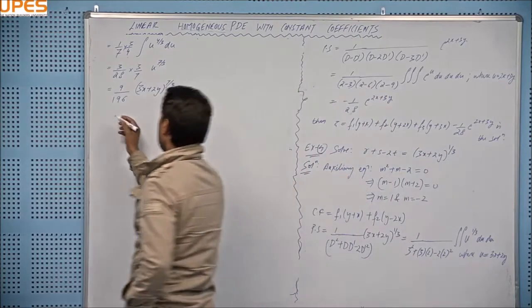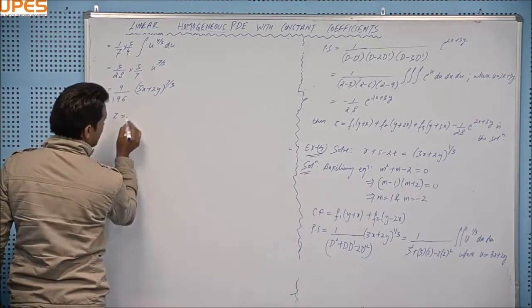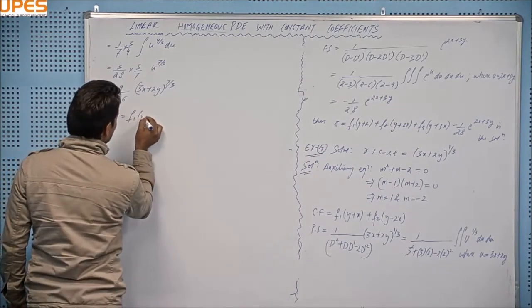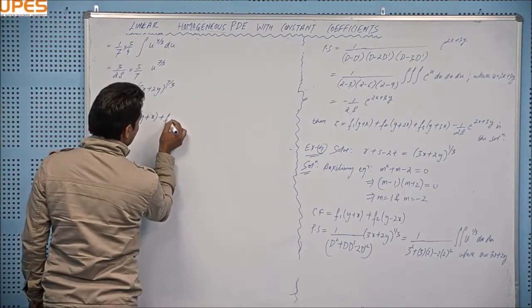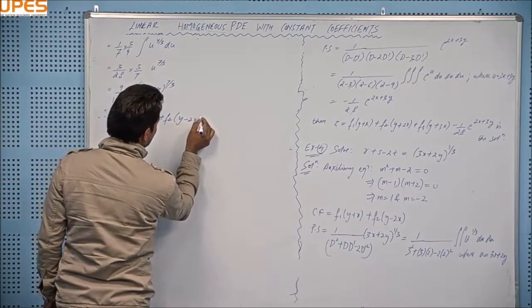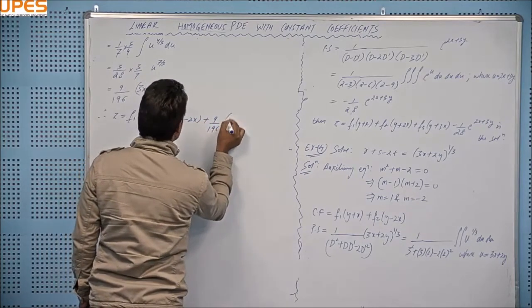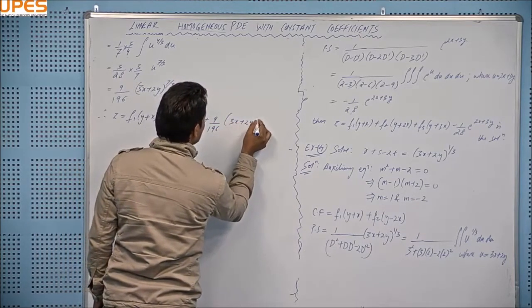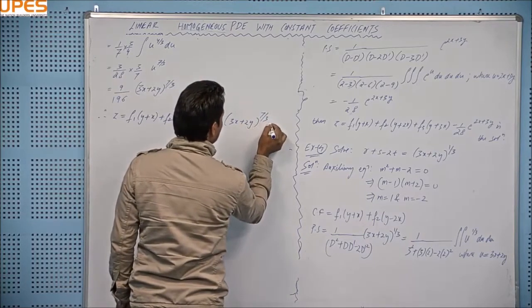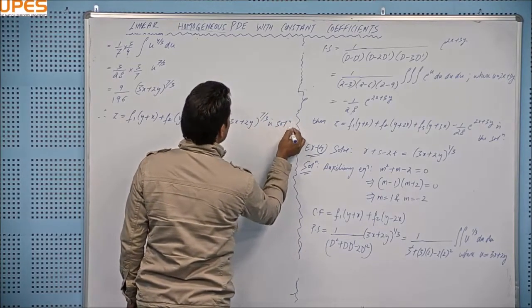So therefore z is equal to f1 y plus x plus f2 y minus 2x plus 9 upon 196 times 3x plus 2y to the power 7 by 3, which is the complete solution.